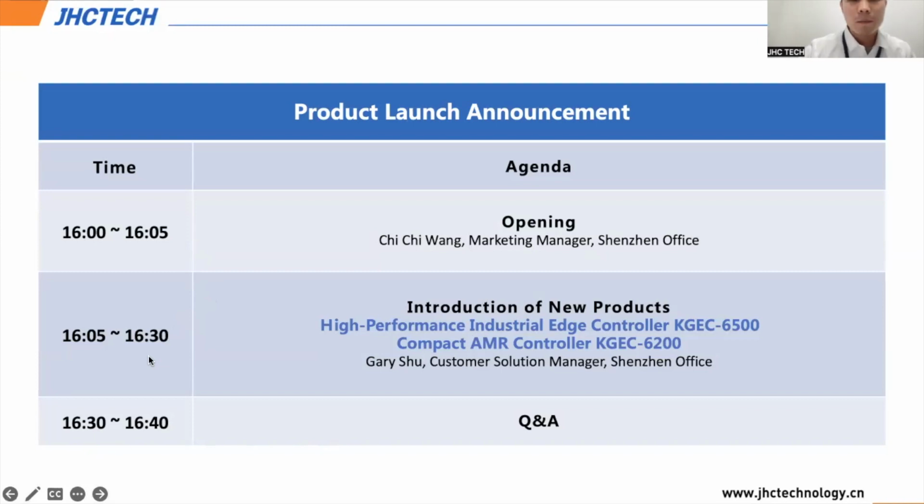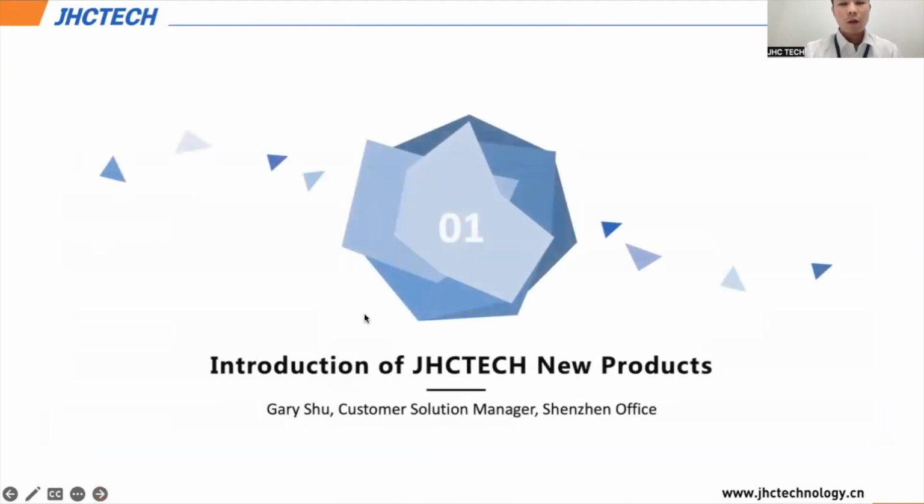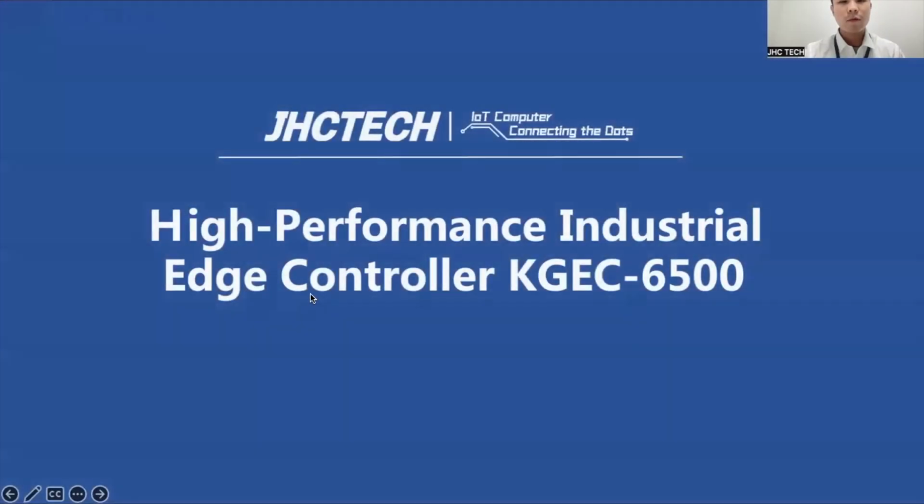Okay, hello everyone, I'm Gary and nice to meet you today. I'm going to introduce our JHCTECH new products, and there are two models today. The first one is the high performance industrial edge controller, named KGEC-6500.